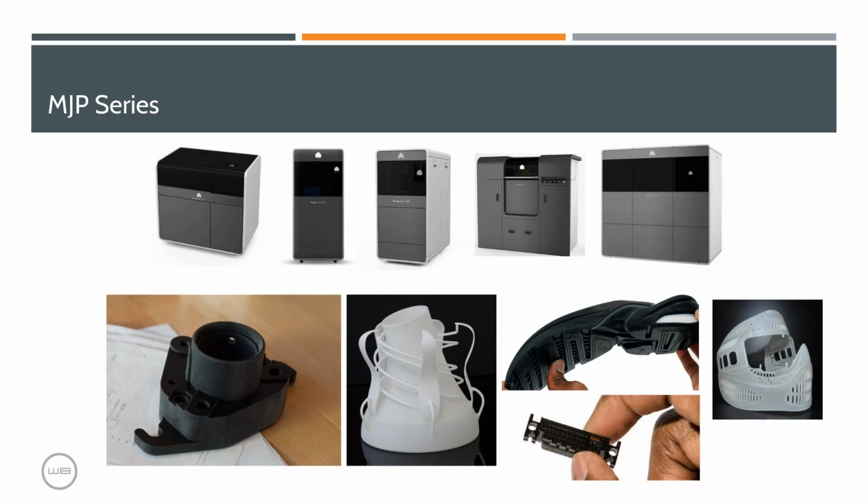It can also do flexible materials and rigid materials, and then it goes all the way up to our 5500X that can actually do a wide range of materials via mixing rigid and flexible materials, and also has a large build volume as well. So if you're an engineering company, product development company, plastic injection molding, and you have a decent amount of throughput, your parts are medium to small in size, this is the line of printers you want to look at.